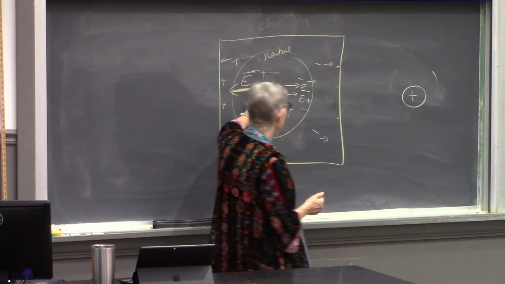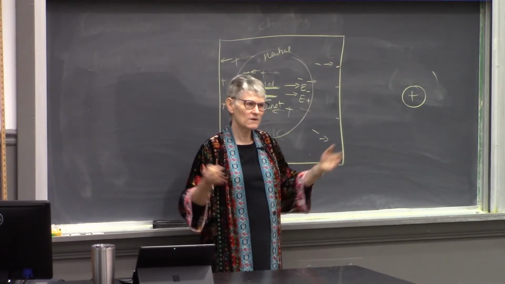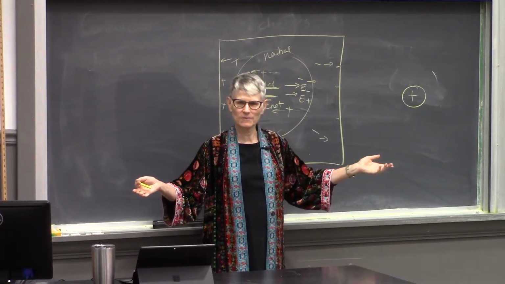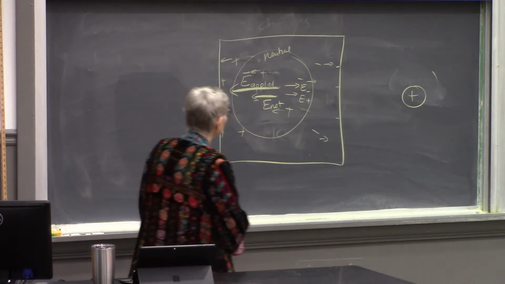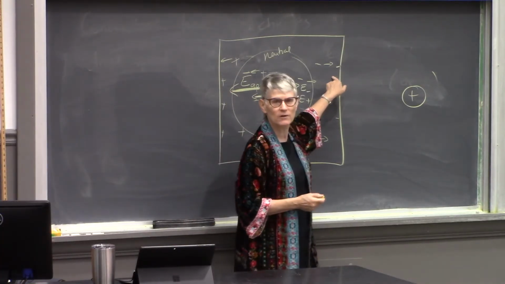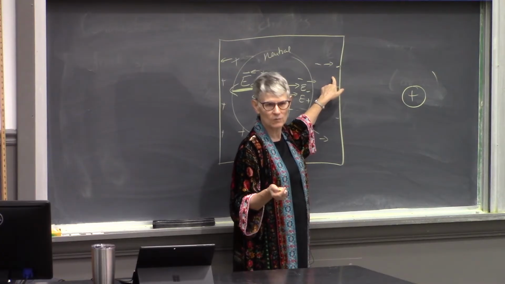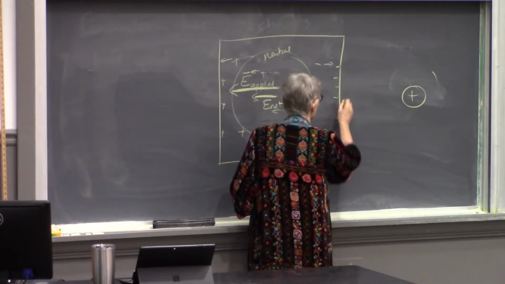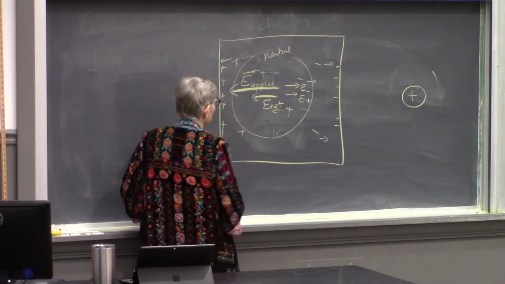So the drift speed of these ions goes down, right? But they're still drifting along. And so what's going to happen over here? Some more negative charges. And over here we're going to get some more positive charges.